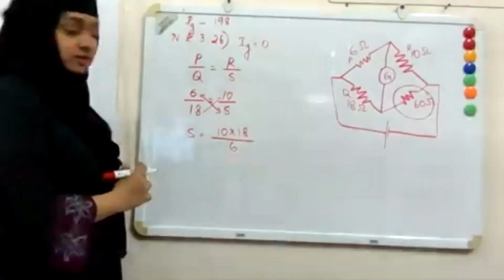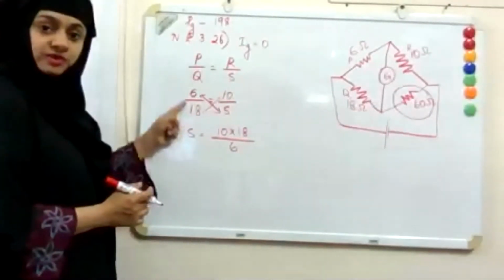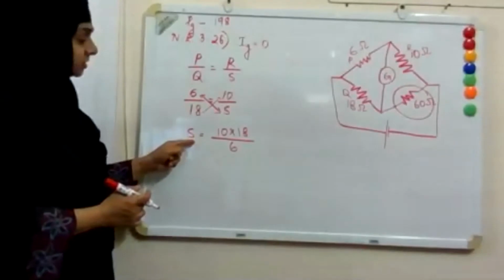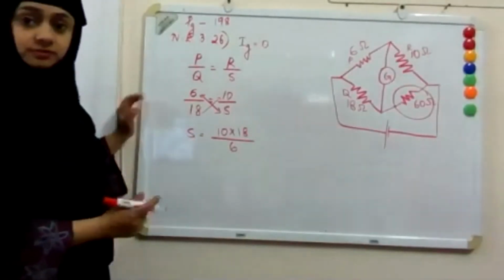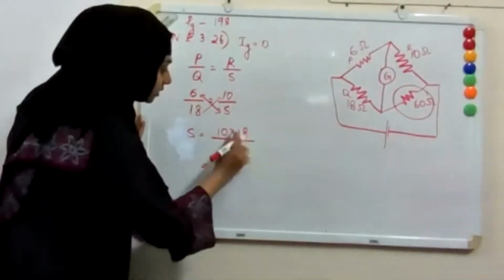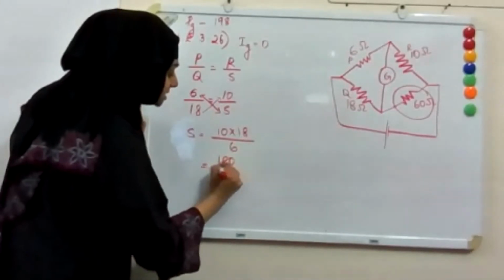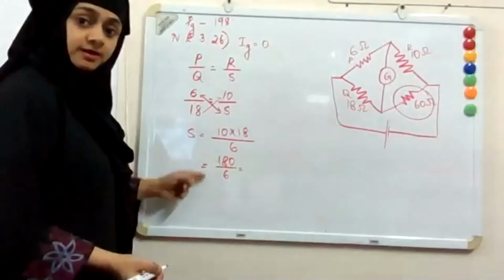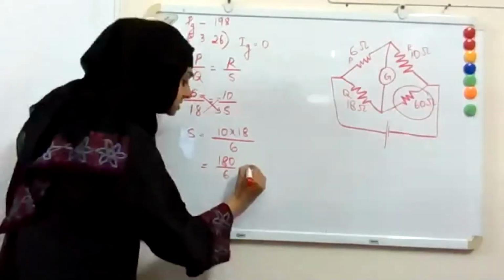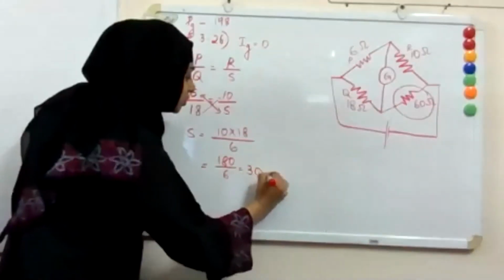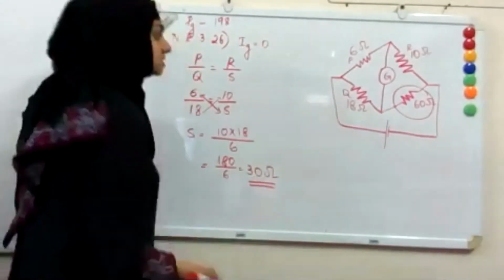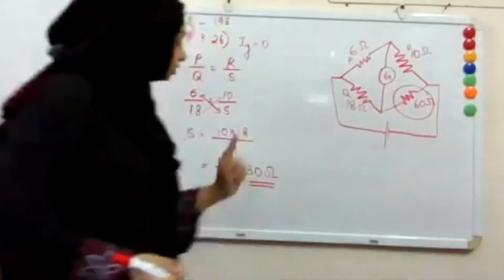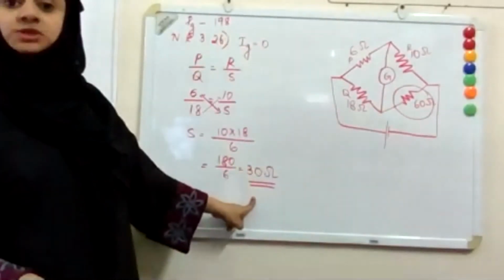Is this clear to you? You are familiar with such calculations, right? So this is equal to 180 by 6, which is 30. So the resistance at this position should be 30 ohms.